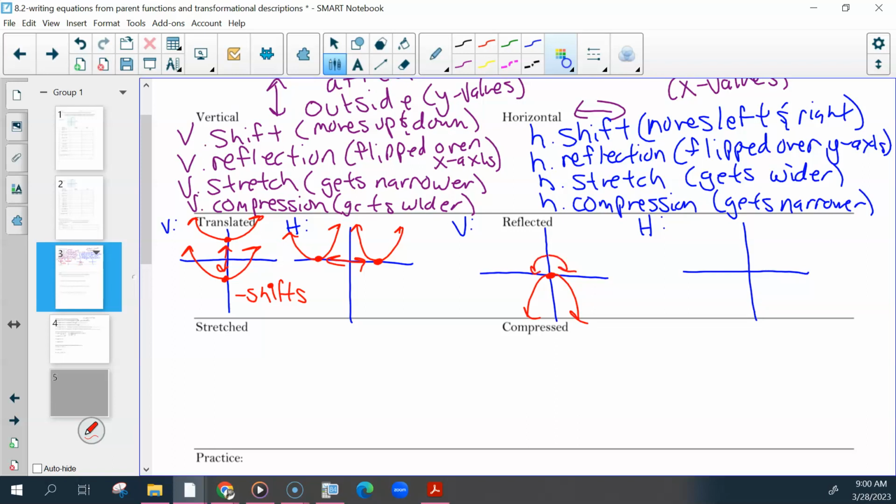So it would flip down is what the arrows are trying to show. It kind of looks like another one. There we go.